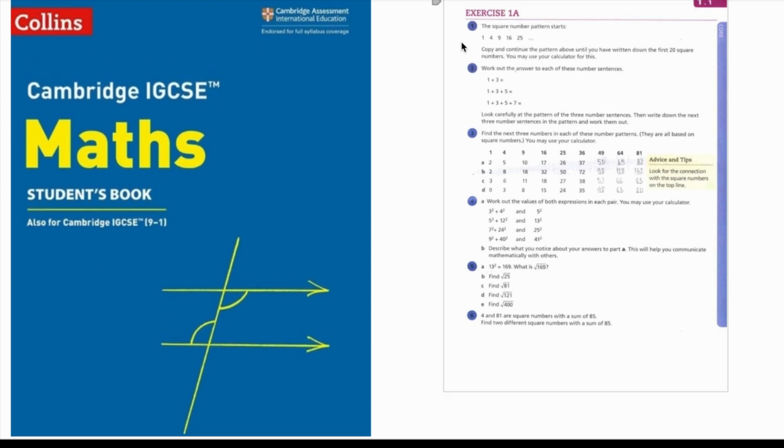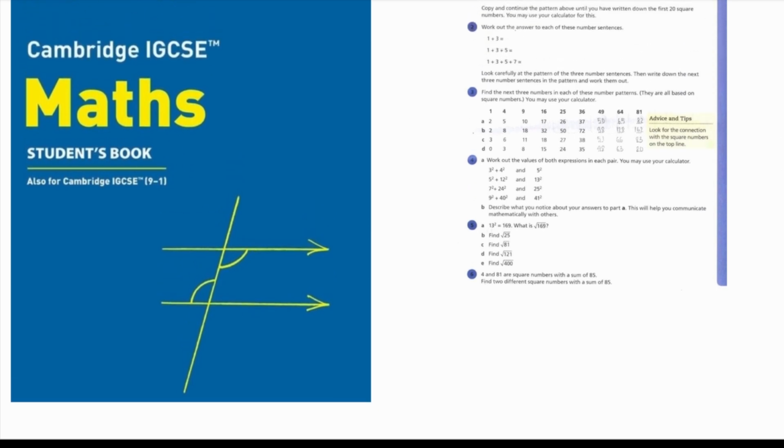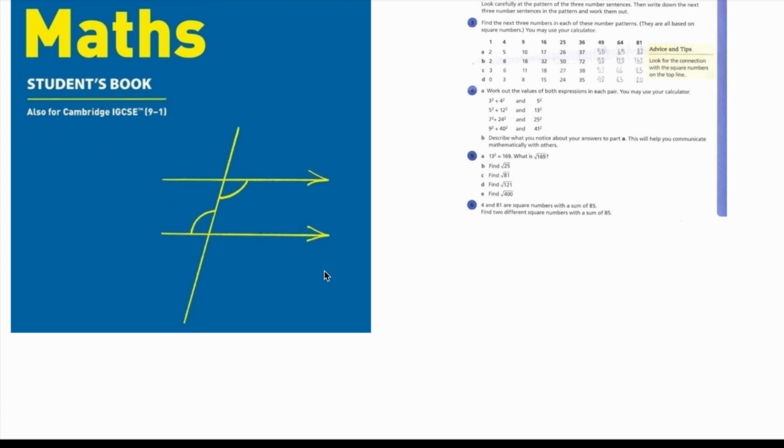The first question is: the square number pattern starts 1, 4, 9, 16, 25 and it continues. So let's solve this. Okay, so for the first question, the pattern is given and the pattern is 1, 4, 9, 16 and 25.